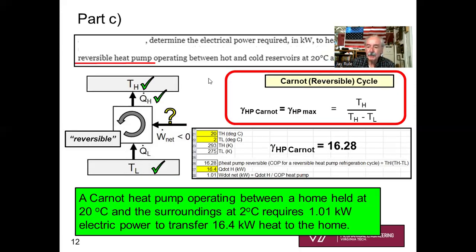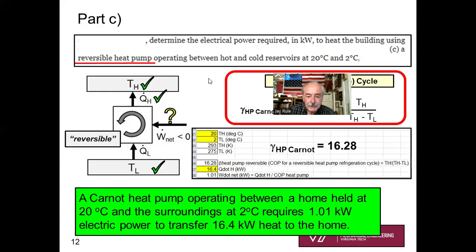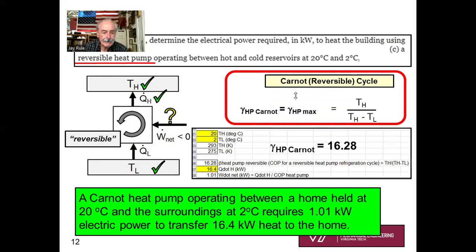Part C is almost as easy. Part C, determine the electric power required in kilowatts to heat the building using a reversible heat pump. Reversible heat pump. Okay, I'll go back to my fundamental and remember that for a reversible or Carnot cycle heat pump, the coefficient of performance, gamma, is given by TH over TH minus TL, and the reason is that all the processes in the Carnot cycle are fully reversible.